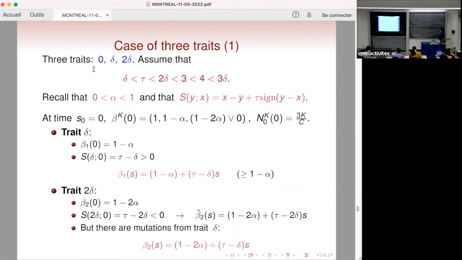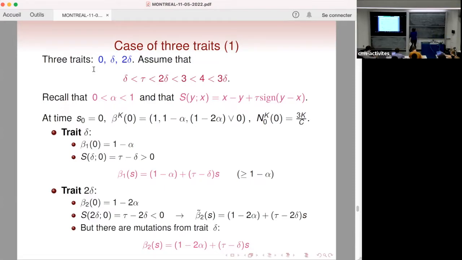But you have to compare it with the potential mutation which arises from the resident population of trait 0. You have an order 1 for this population, and you multiply by the order of the mutation rate. And so you see that this is always greater than 1 minus alpha, so you keep it. That's beta 1 of s.